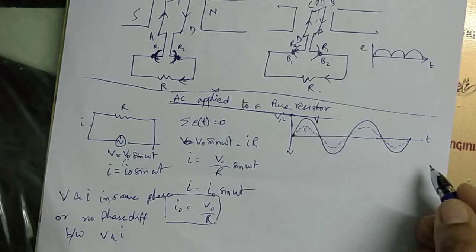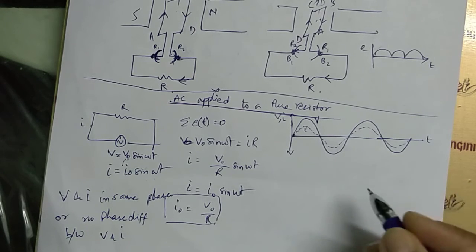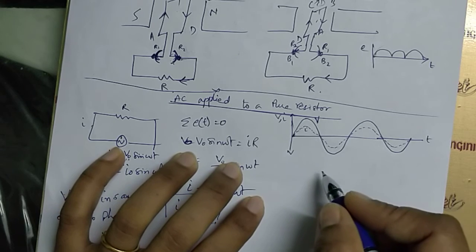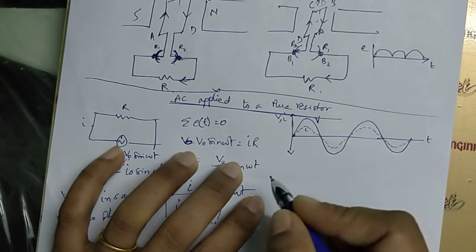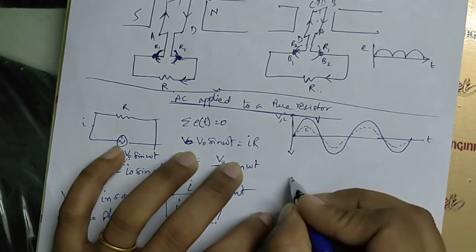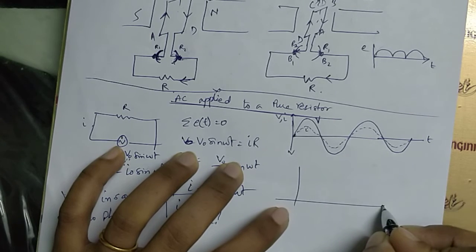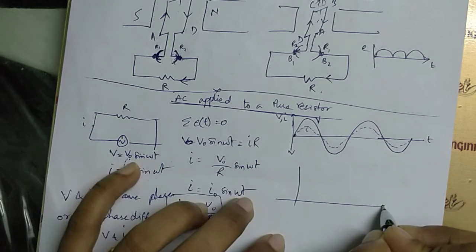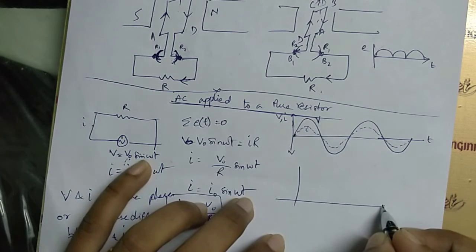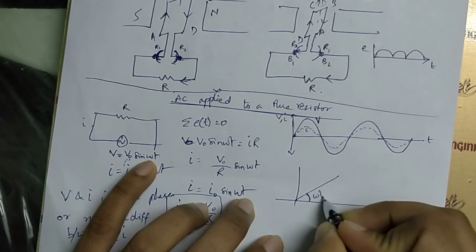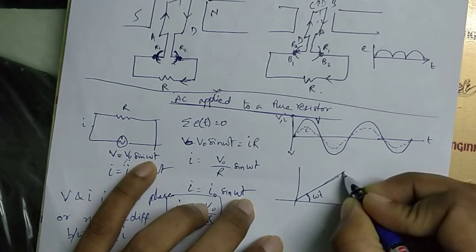If we have to draw a phasor diagram, it is a diagram where we represent voltage and current in terms of vectors. Here, with this as a reference or base, if I have to draw V naught sine omega t, with this reference we draw this angle omega t, and the length of this vector is V naught.